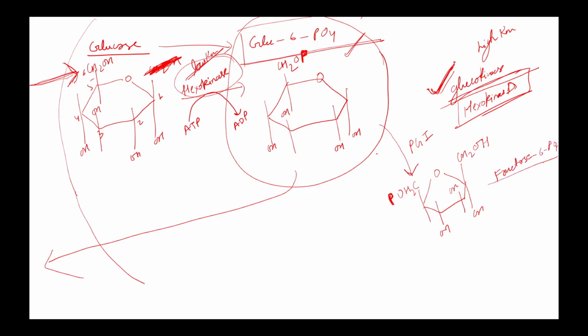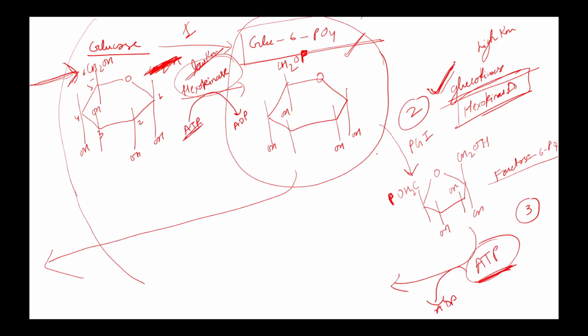Okay. And then this fructose 6-phosphate again gets phosphorylated. Again, one more ATP is consumed at this step. Okay, so this is the first step, second step, third step. So at the first step and third step, at both the steps, ATP is being consumed, converted to ADP.